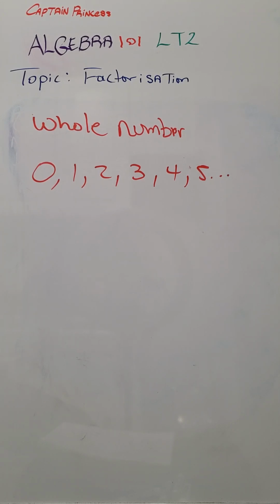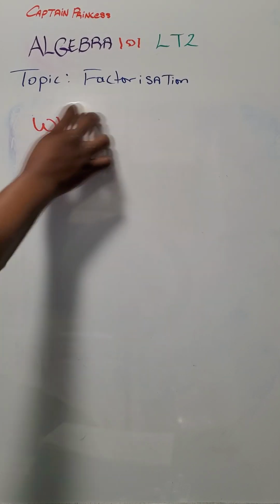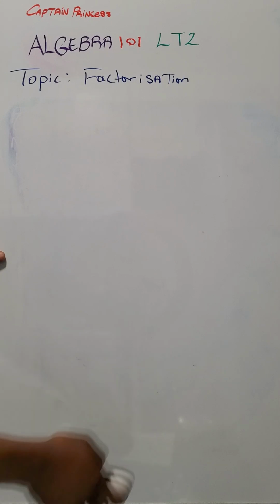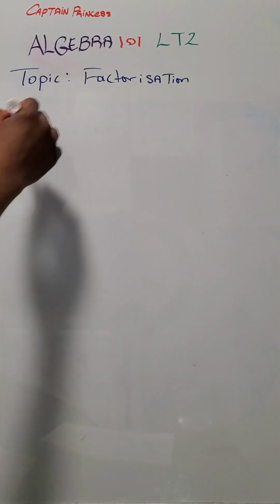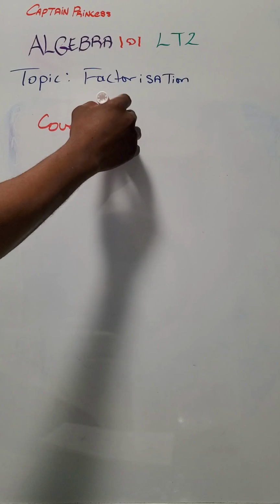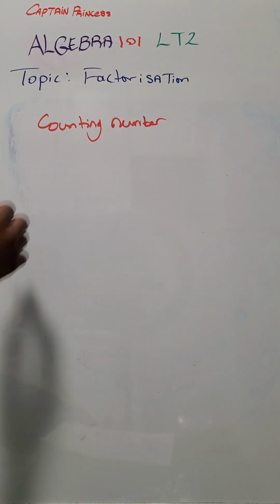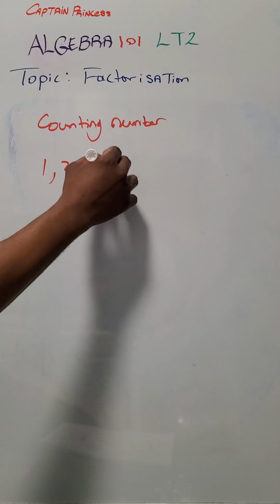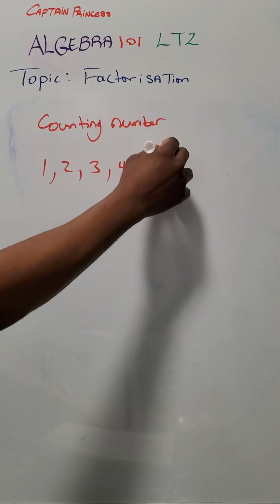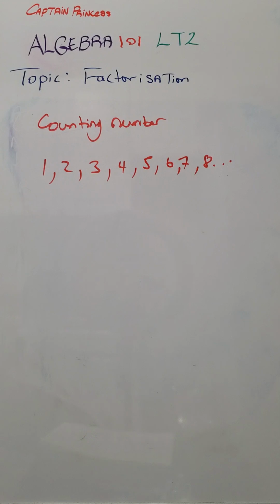So another set of numbers I will talk about is what we call the natural numbers, or counting numbers. And you know that whenever you're counting, you start from number 1, 2, 3, 4, 5, 6, 7, 8, and so forth.